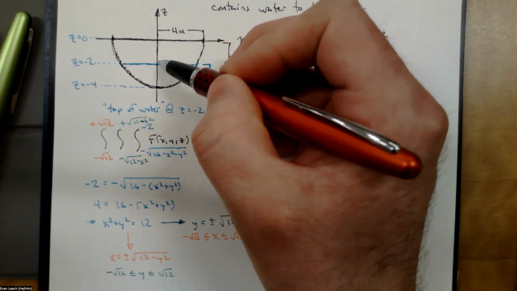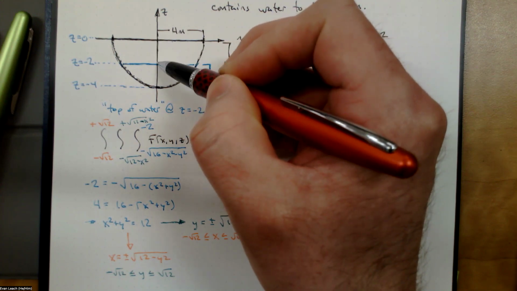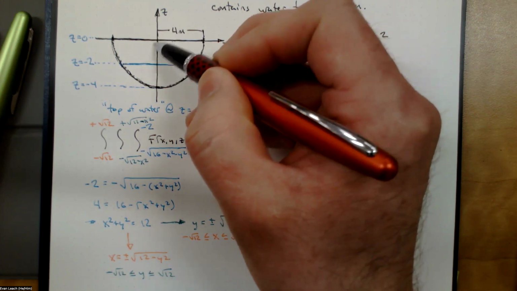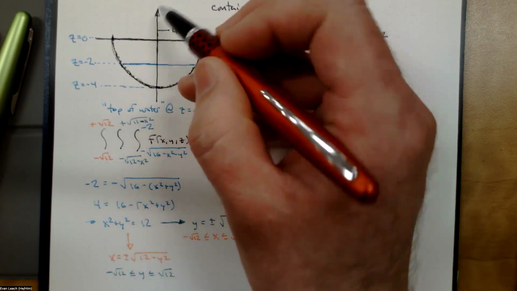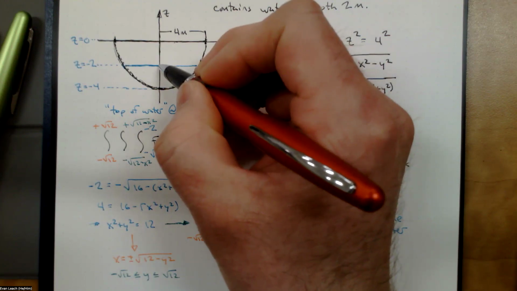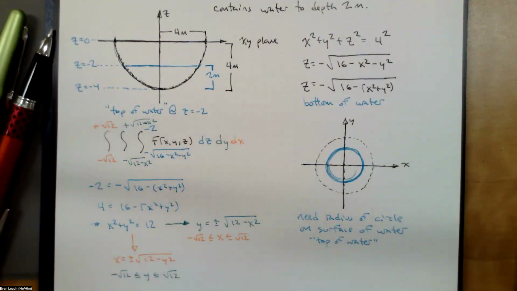Here rho is 2, but then based on different angles of phi, rho has to go from 2 out to the square root of 12. At least we know it's the square root of 12. But those values of rho are variable.